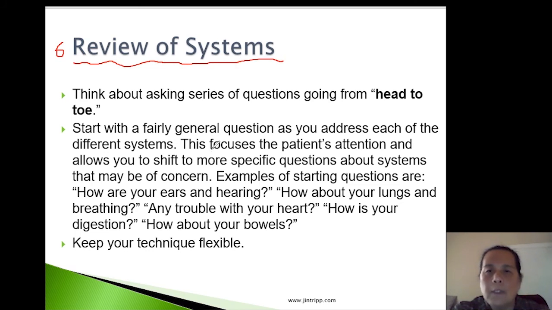Review of the symptoms means we ask questions from the head to the toe, so that we try not to miss any information. We start from the head and ask about the ear and eyes.